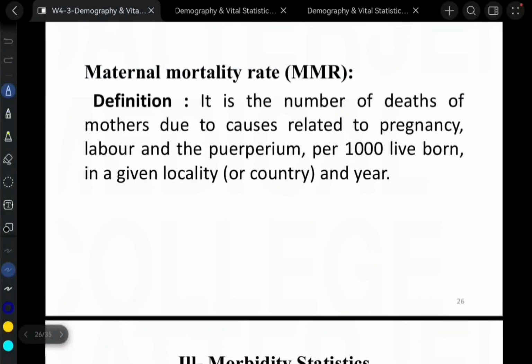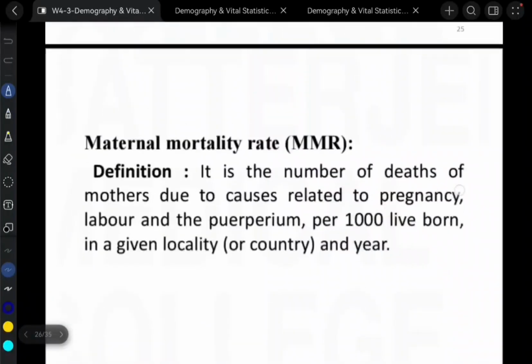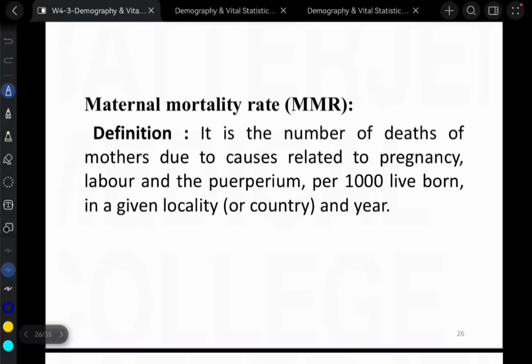Maternal mortality. Okay, now here's a tricky one. It's basically the statistics down there. We'll get to it. The definition here says it is the number of deaths of mothers due to causes related to pregnancy, labor, and puerperium per 1,000 live born in a given locality, country, and year.